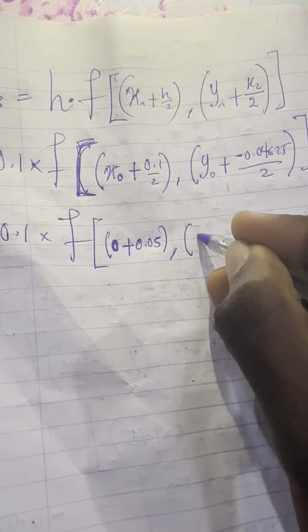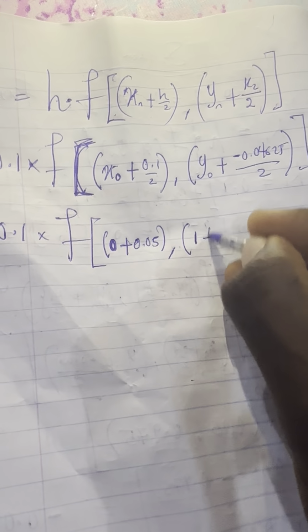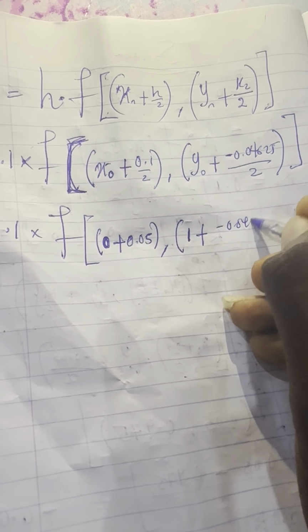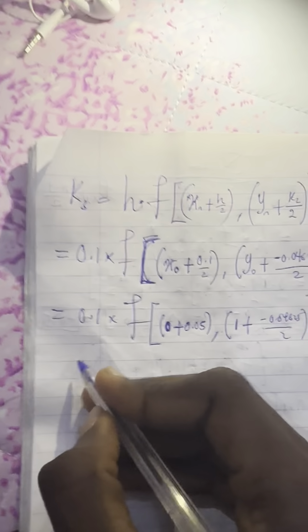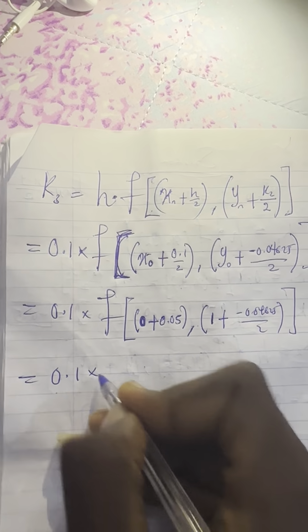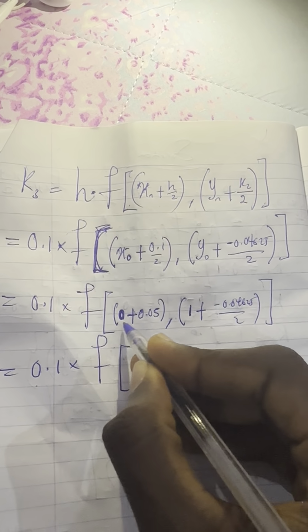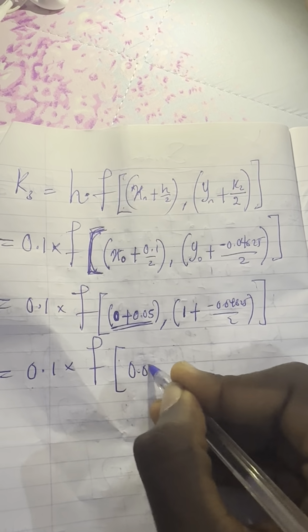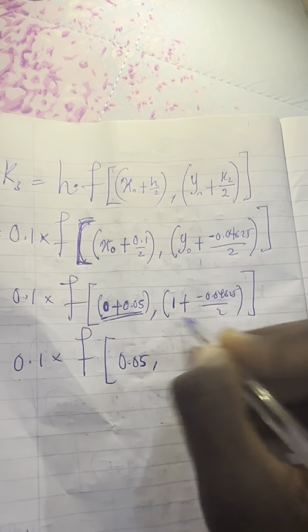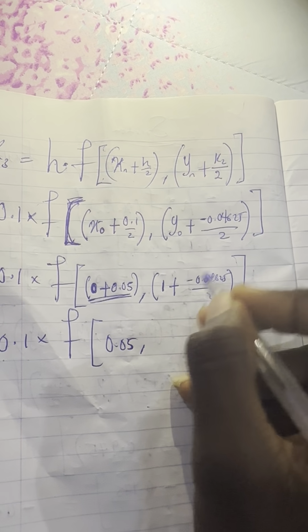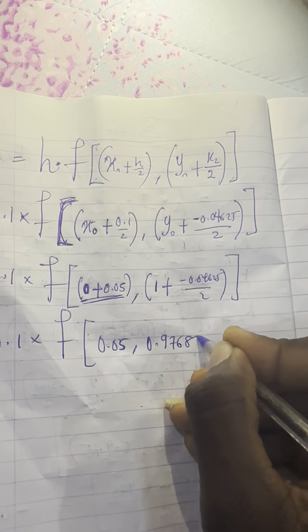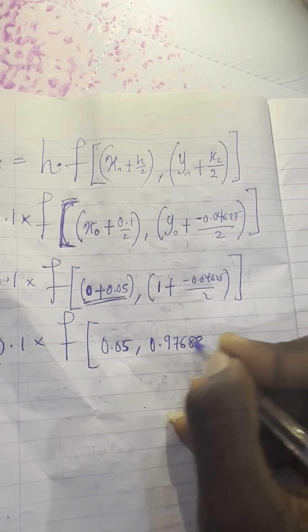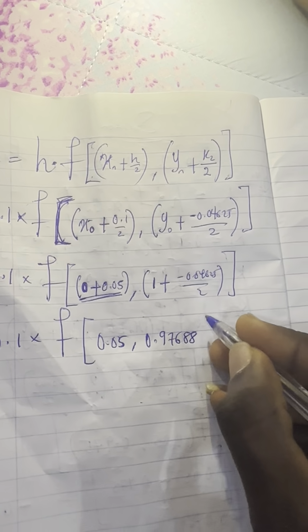What's my y naught? 1. 1 plus this one, minus 0.04625 over 2. If you add this together, you still have 0.05, comma. If you punch everything into the calculator, this will be your result, 0.97688, to 5 decimal places. That's what we are considering in this case.